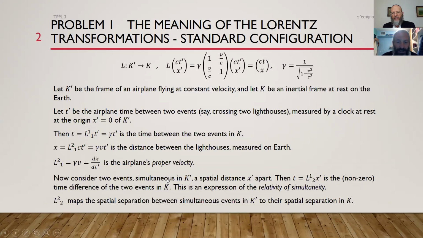So these simultaneous events in K prime are not simultaneous in K. This is called the relativity of simultaneity. And finally, the last component on the bottom right transforms the spatial separation between simultaneous events in K prime to their spatial separation in K.